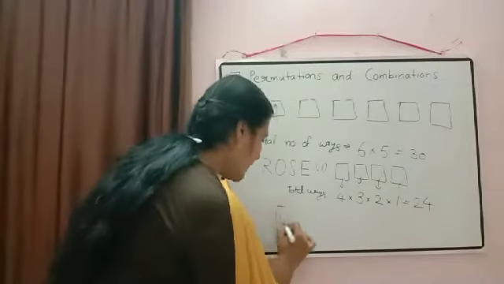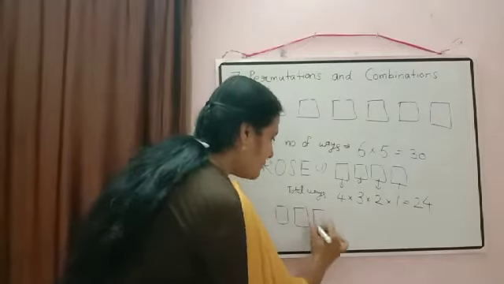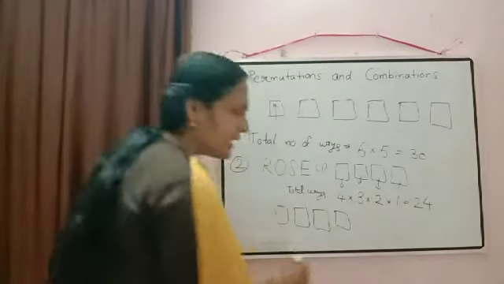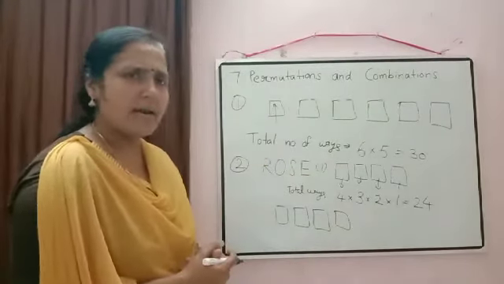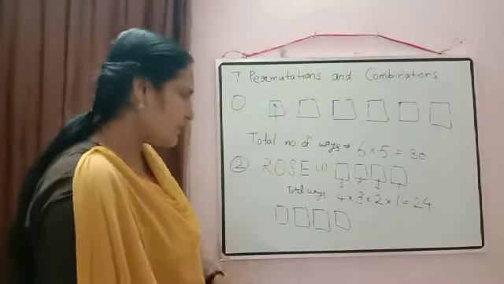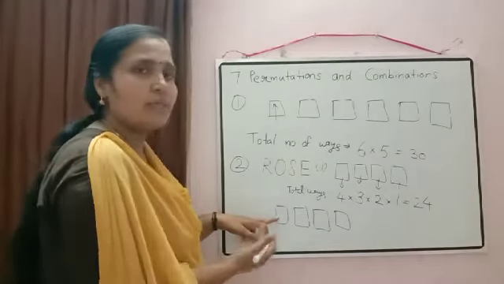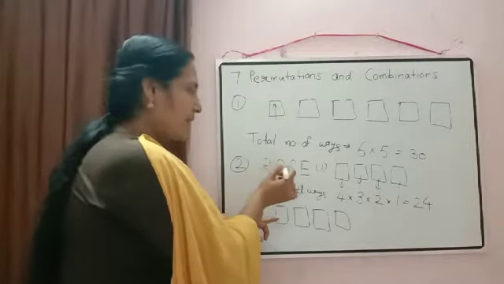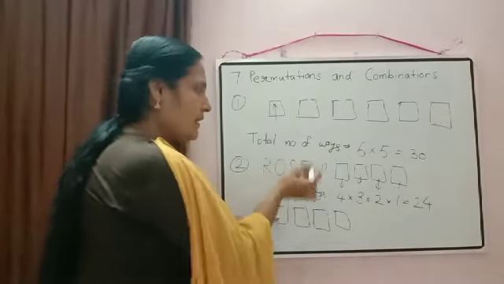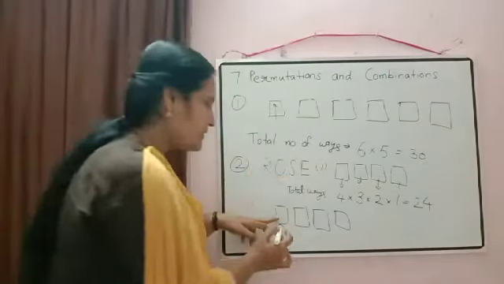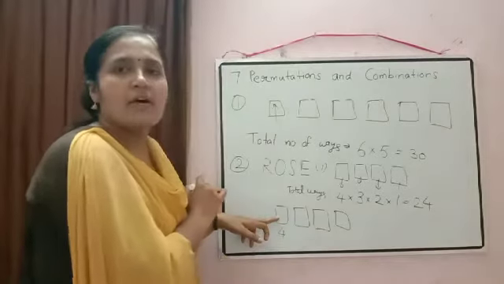Again we have to frame a 4-letter word only, but they are saying that letters can be repeated there. Now suppose this place. Again how many options are available? Either R can come, O can come, S can come, or E can come. So this place can be filled in 4 ways.